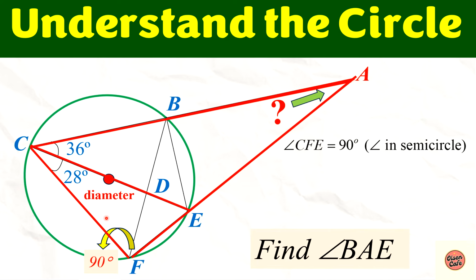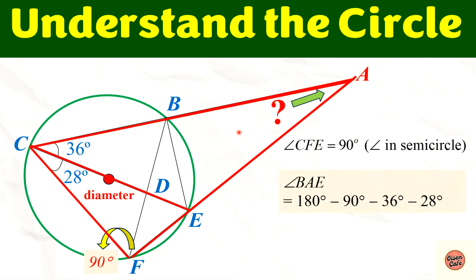Since angle CFA is 90 degrees, and I have already been given 36 degrees and 28 degrees, in order to find angle BAE, I simply need to use the angle sum of a triangle, and I am able to get the answer, which is 26 degrees.